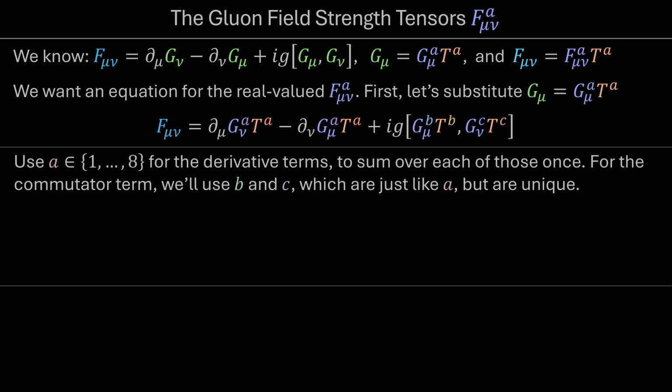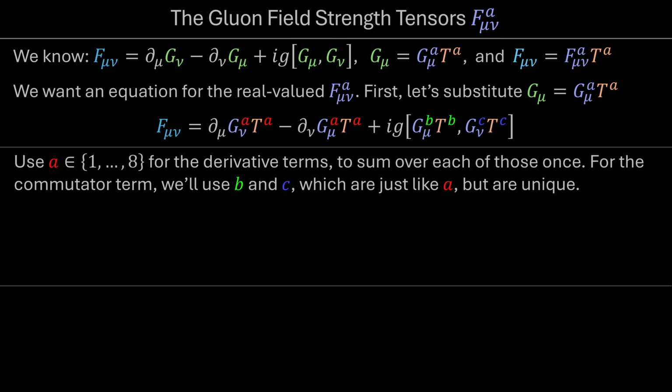So for the first part of the definition of F mu nu, that is the 6 ways, we can just sum over the index A. But when it comes to the commutator term, we have to use a fresh set of indices for both of those gluon fields. The reason being, when you take the 6 ways of the SU3 matrix-valued gauge field, you can calculate that one at a time.